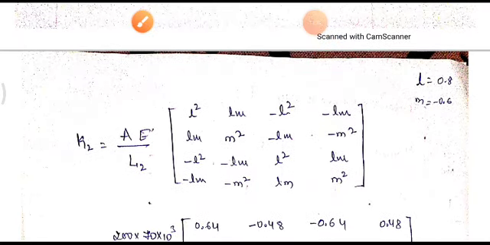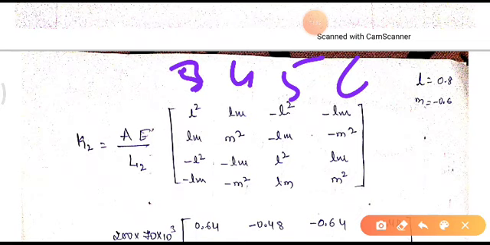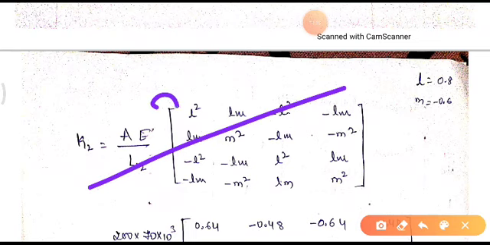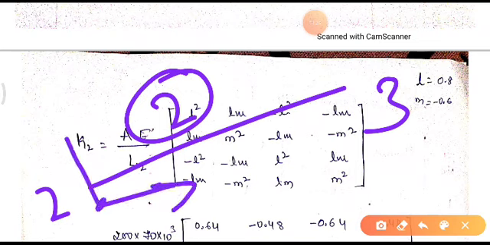The stiffness matrix for the truss element is, here, 1 2 3 4 and 3 4 5 6. Why is it 3 4 5 6, 3 4 5 6? See, here the second element, this is our second element, which is connected between node 2 and 3, right? This node has two displacements along the x and y direction.